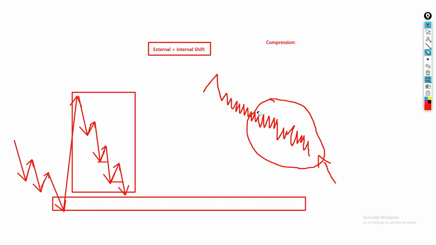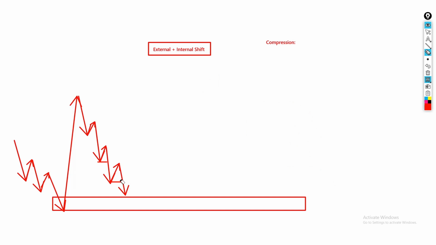So let's remove this stuff and let's get into the confirmation. We hit our point of interest, and what you want to watch out for is an external shift. If you understand structure, and you should, you'll understand that this is an external point, and we may potentially now be making an external point over here, right? And what I mean by an external shift is, if this is your 2-minute time frame coming down, you want to wait for one of these highs to break in this case, because this is going to be an external shift.